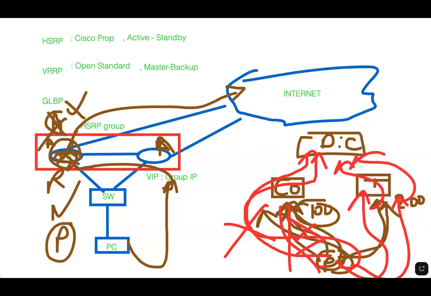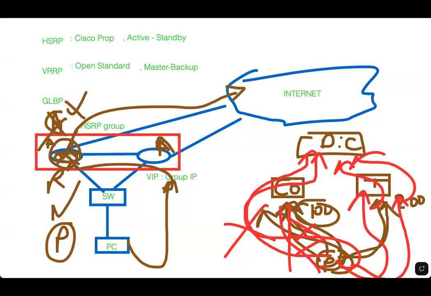Sir, is there any way multiple active routers can act in one group? Yes, there is a way, and it is just like spanning tree. We do per-VLAN spanning tree, right? We wanted to make both active because we share one VLAN.